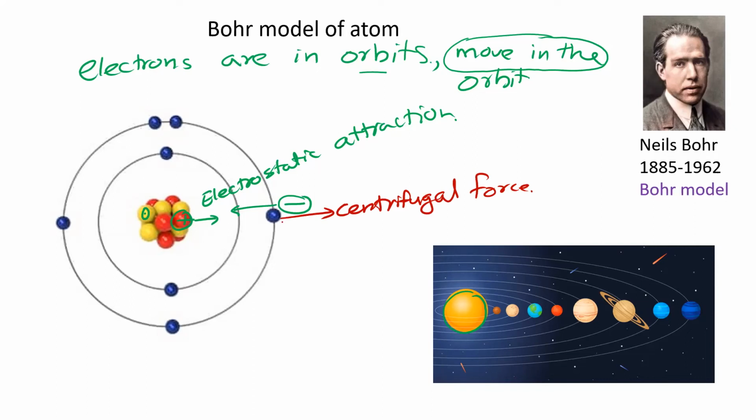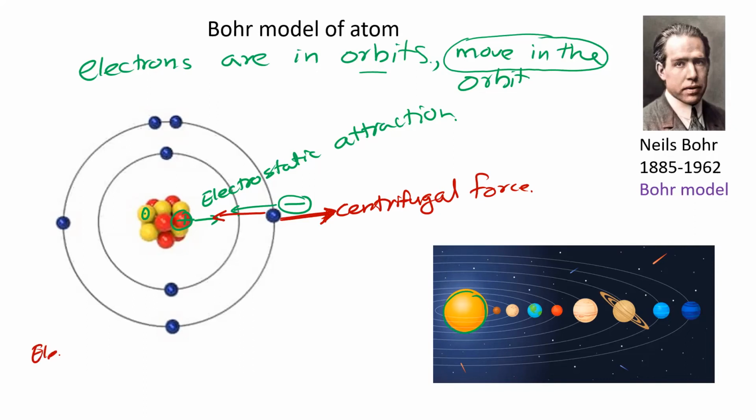So there's a centrifugal force outside, and also there is that electrostatic force attracting it inside. And the strength of the electrostatic attractive force is equal to the centrifugal force.